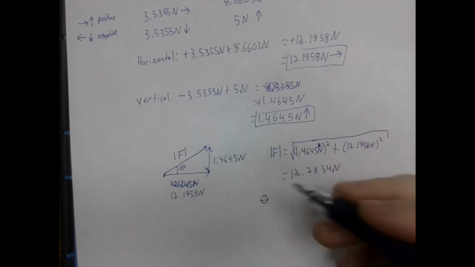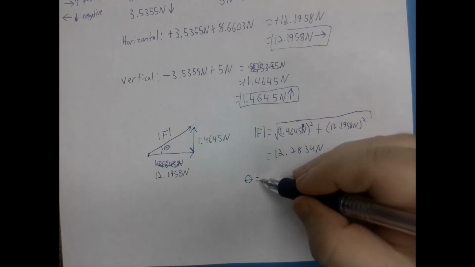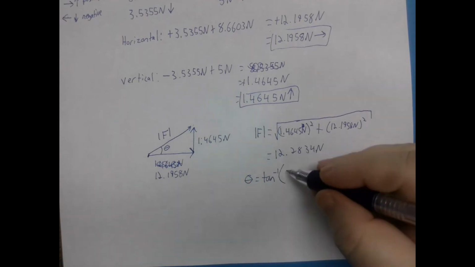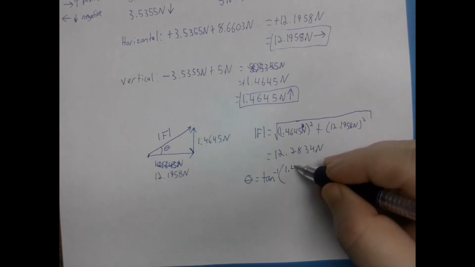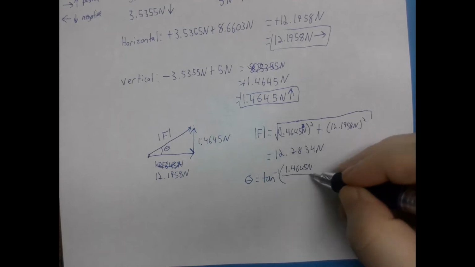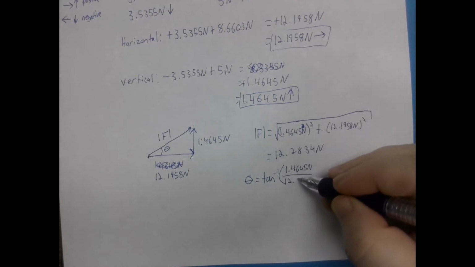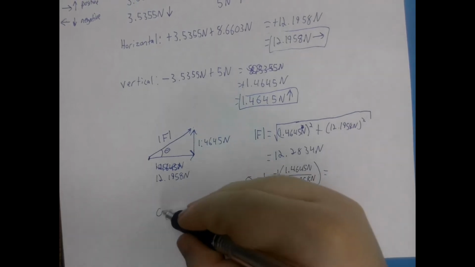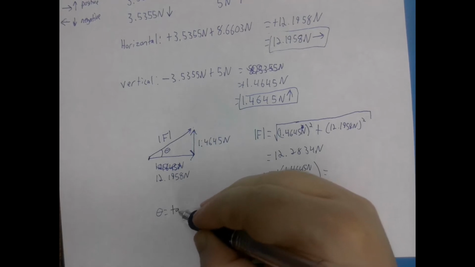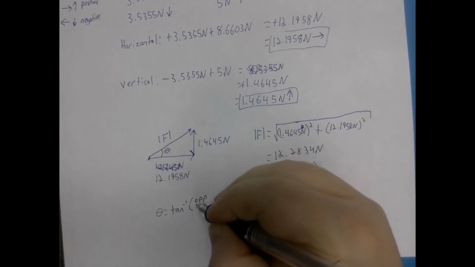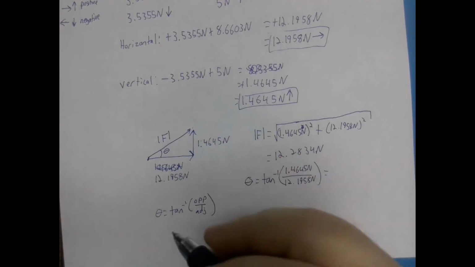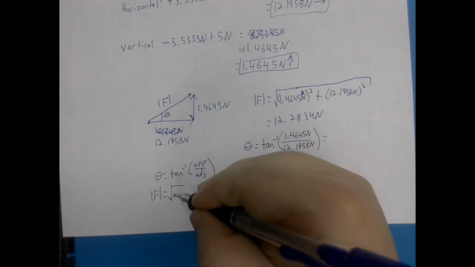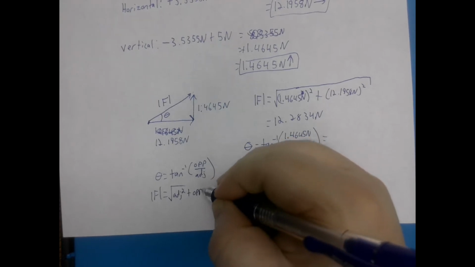The angle is equal to the inverse tangent, or the arc tangent, of opposite, 1.4645 newtons, divided by adjacent, 12.1958 newtons. So theta is equal to inverse tangent of opposite divided by adjacent, whereas the magnitude F is equal to the square root of adjacent squared plus opposite squared.